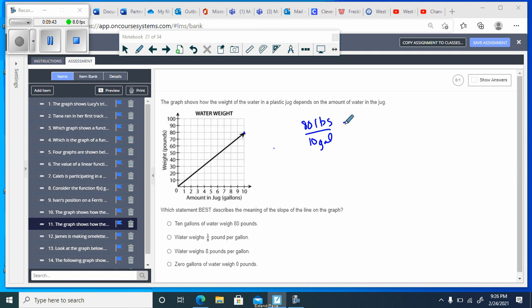So that would be 8 pounds per 1 gallon, right? 10 gallons weighs 80 pounds. Well, that's true, okay? But we're talking about the slope. Water weighs 1/8 of a pound per gallon. No, it weighs 8 pounds per gallon. Water weighs 8 pounds per gallon. That's the slope. That's what the slope tells us.